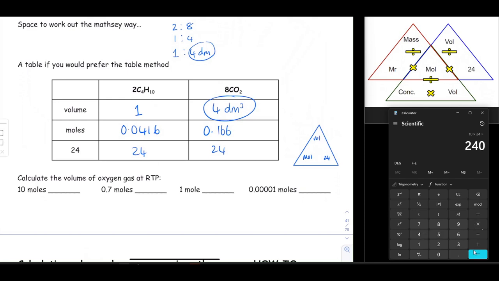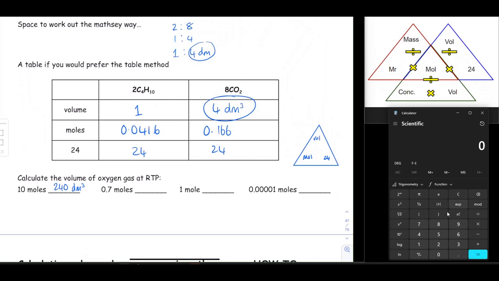That gives us 240 decimeters cubed. Remember, in order for the magic triangle to work here, all volumes are in decimeters cubed. And if they're not, we need to convert them into decimeters cubed.